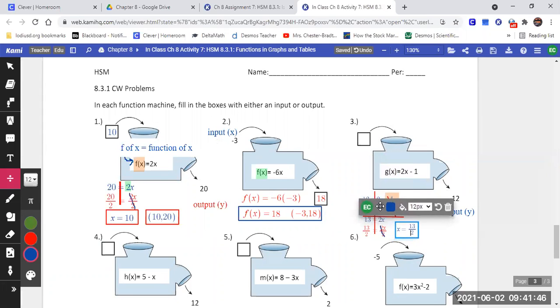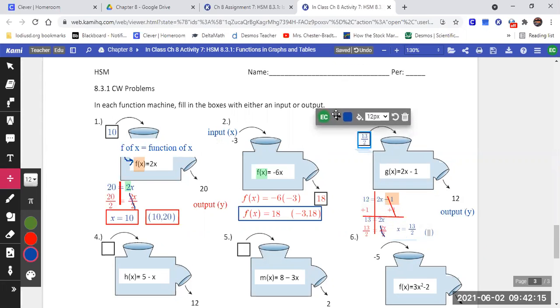What's our coordinate pair gonna say? I'm gonna copy this up here.